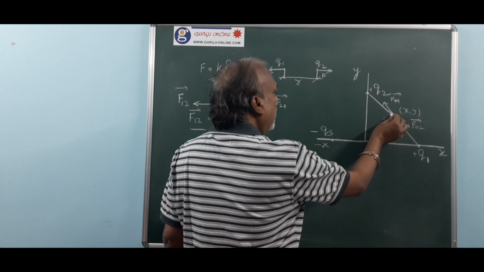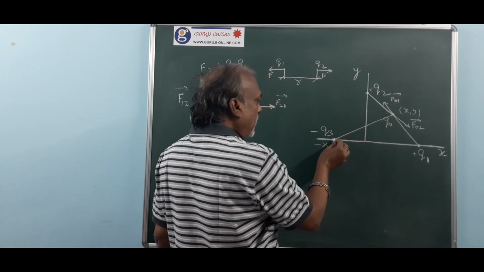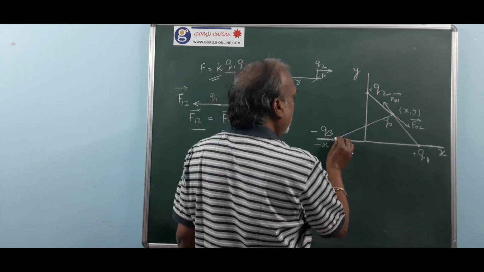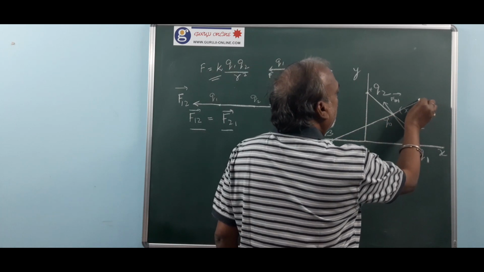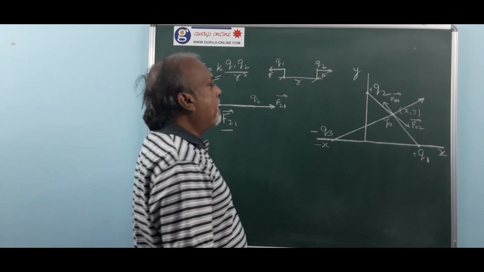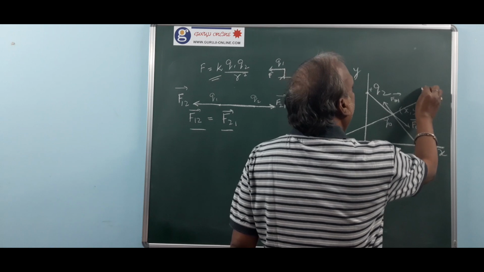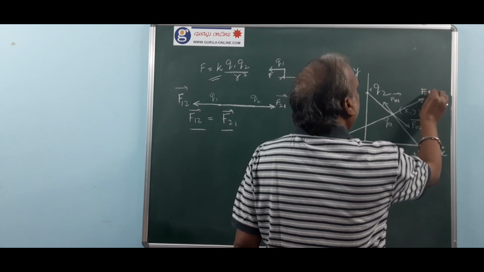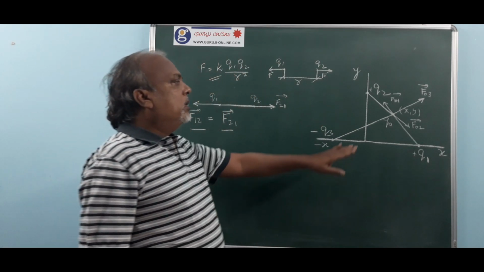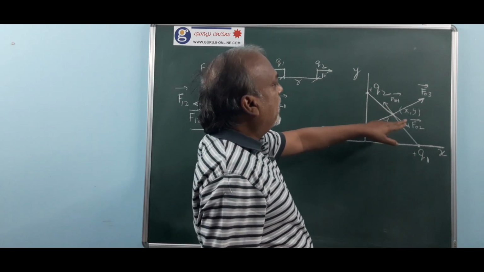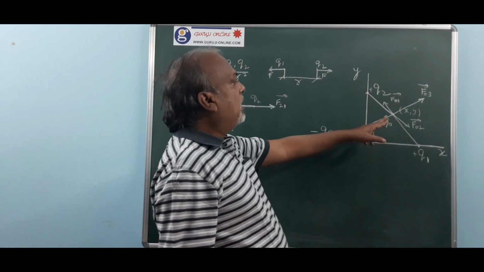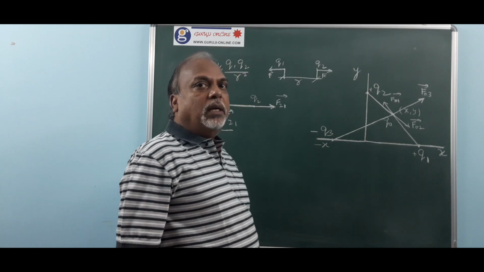It will not be like this, because this is minus. These two things will attract, so this will go like this, correct? And this will be your F03. Now you can find out the resultant of F01, F02 and F03 at this point, and that will be the resultant force on this test charge.